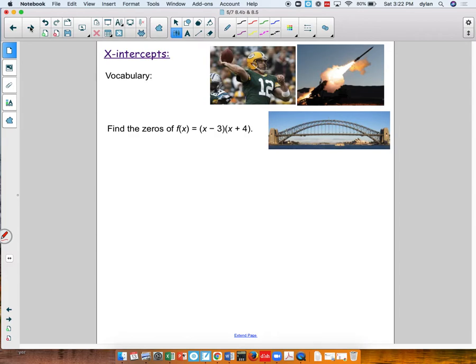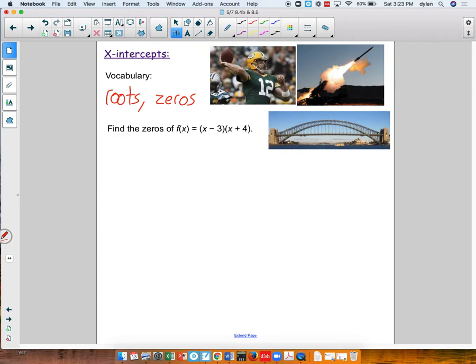So x-intercepts are so important that they have a few different names. You're going to hear me interchangeably refer to x-intercepts this year as obviously x-intercepts, but we're also going to call them roots, and sometimes we're going to call them zeros as well. And we'll talk about the reason behind a lot of this vocabulary, and you'll see it come up and it'll make sense to you.